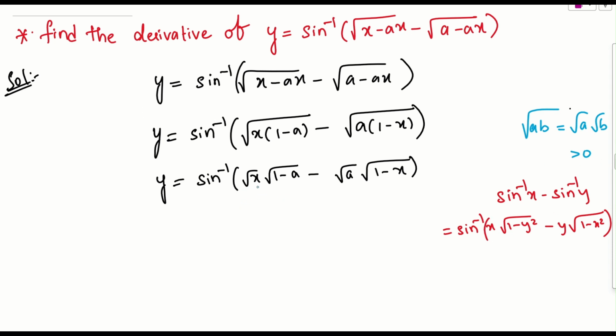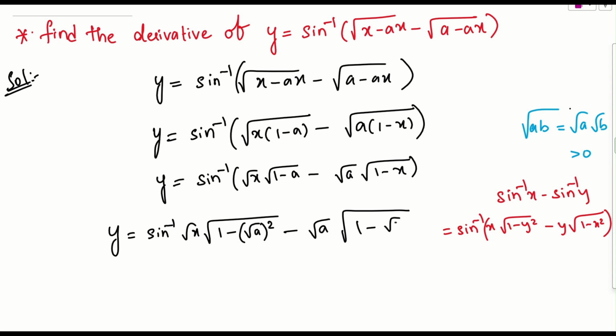See, this is in the form of x. Here a is there. Actually, let me rewrite this question. y is equal to sine inverse of root x into root a, which I can write as 1 by root a the whole square, because square and root will get cancelled and you will be getting a alone. Similarly, here also root a will be as it is, and I'll write it as 1 minus root x the whole square.